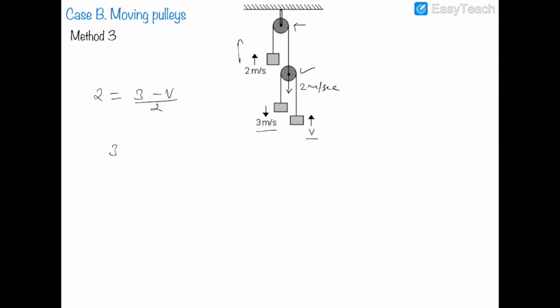So 3 minus v is equal to 4, and v is equal to minus 1. Okay, so this was the answer to this question, and this is method 3, which is the shortest method by far. So moving forward to the next question.